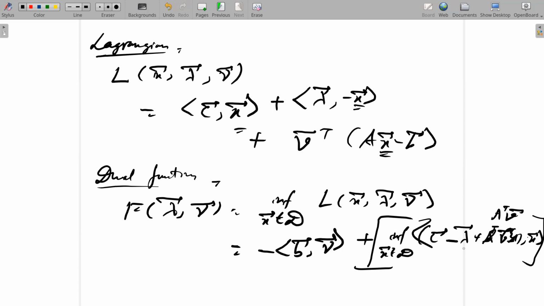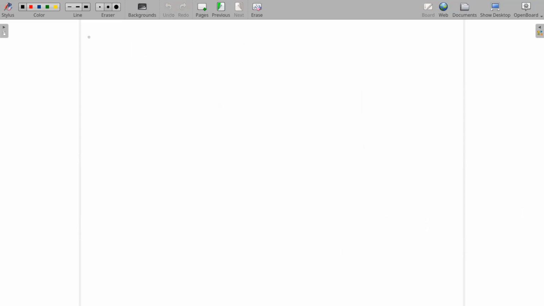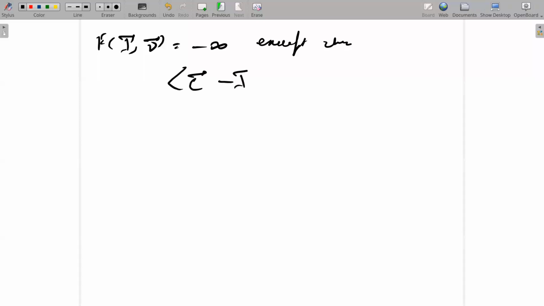So as a function of lambda and nu, f of lambda nu is equal to minus infinity except when C minus lambda plus A transpose nu is equal to 0. Why so?